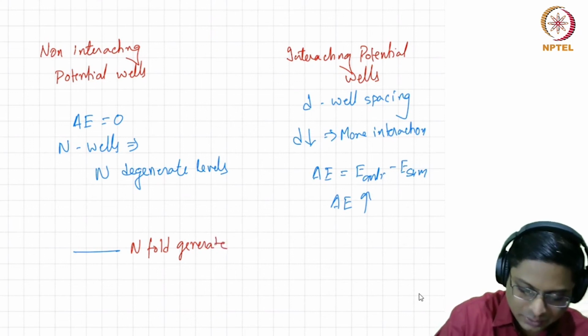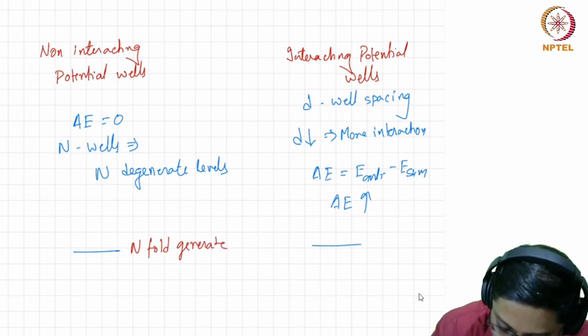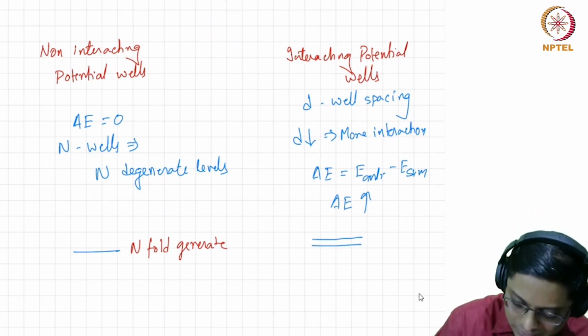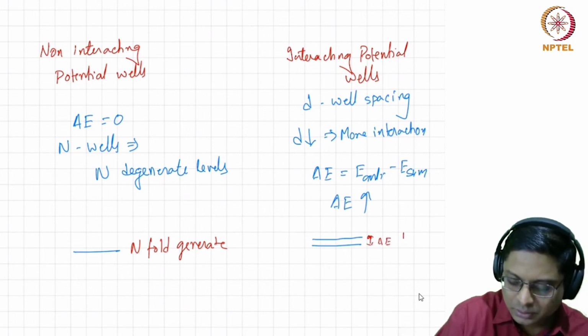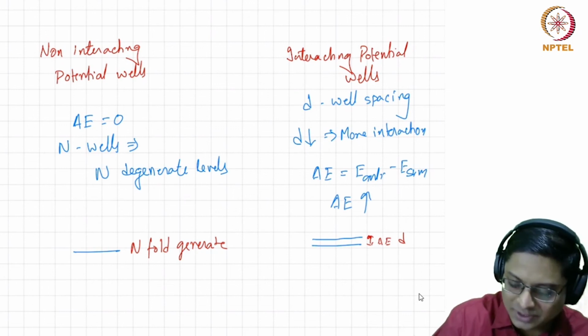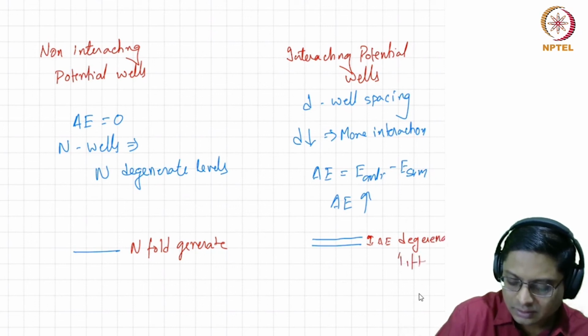In this case, you would see that there is a small lifting of degeneracy. This is your delta E. Now you don't have degeneracy, basically degeneracy lifted due to interactions.